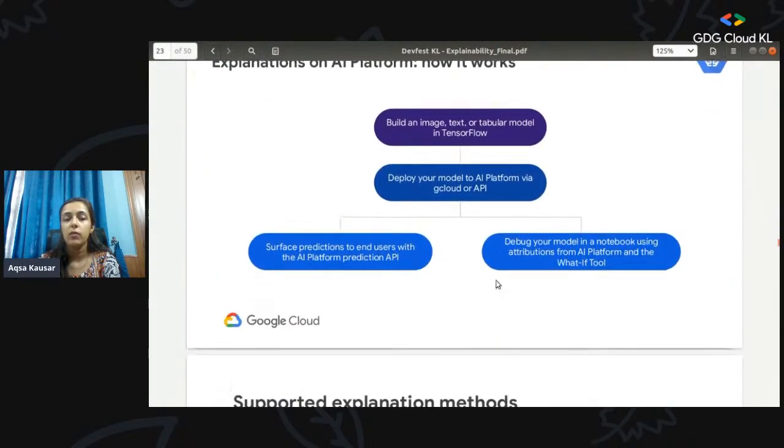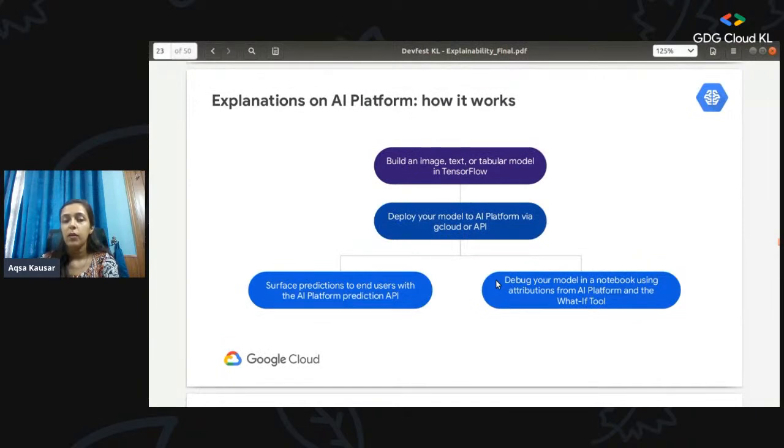But first, how explanations are performed on AI platform. So you build an image, text, or a tabular model in TensorFlow. You deploy that model on AI platform via gcloud or API. And you can either use a notebook. So you can even do this in Google Colab, and you can deploy your model on gcloud, and you can see the results in Google Colab. And you can also import the What-If Tool directly in Google Colab and use that right there and then.